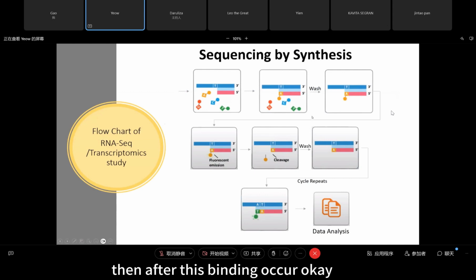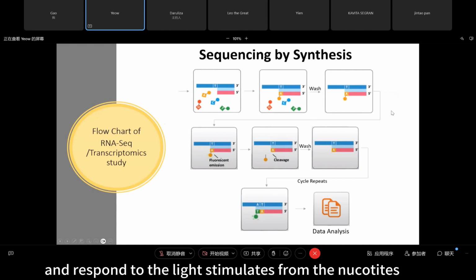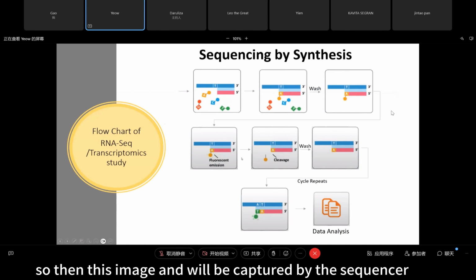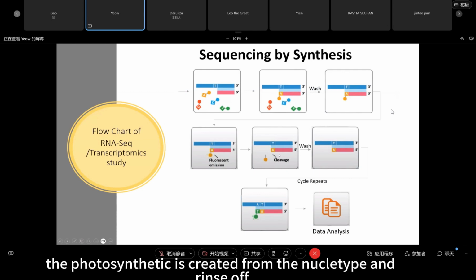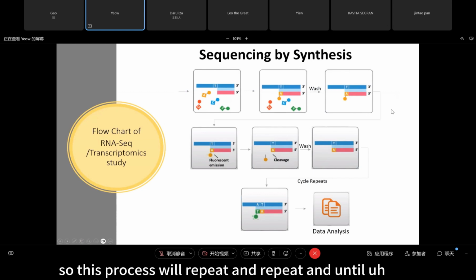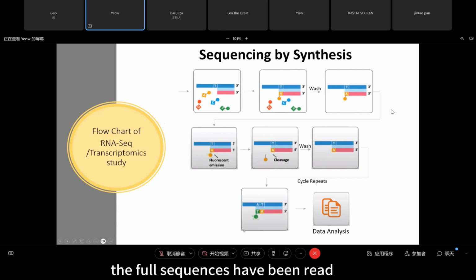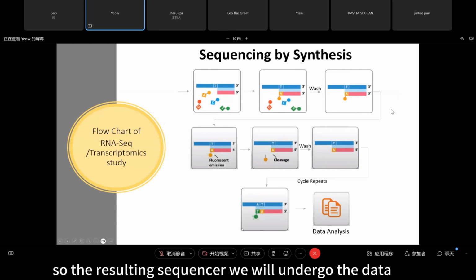After this binding occurs, there will be a fluorescent emission in response to the light stimulus from the nucleotides. Then this image will be captured by the sequencer. Following this binding and imaging, the fluorescent dye is cleaved from the nucleotide and rinsed off. This process will repeat until the full sequence has been read. The resulting sequencer reads will later undergo data analysis.